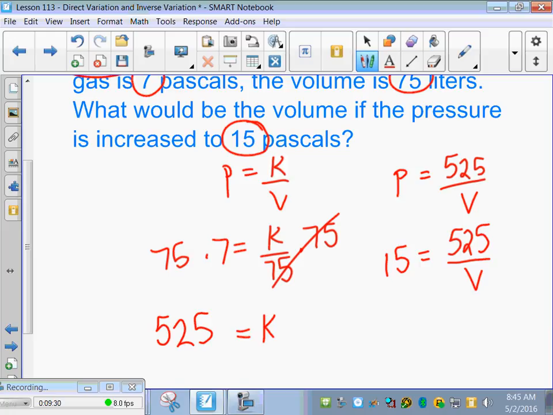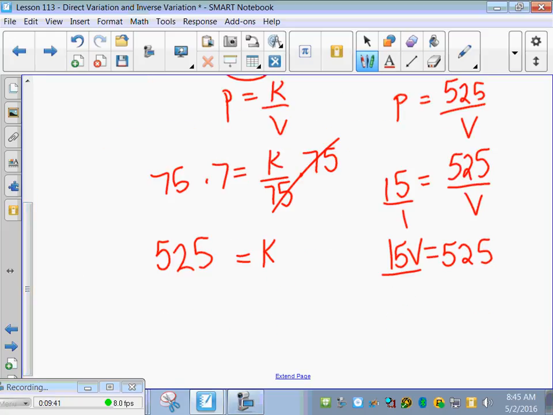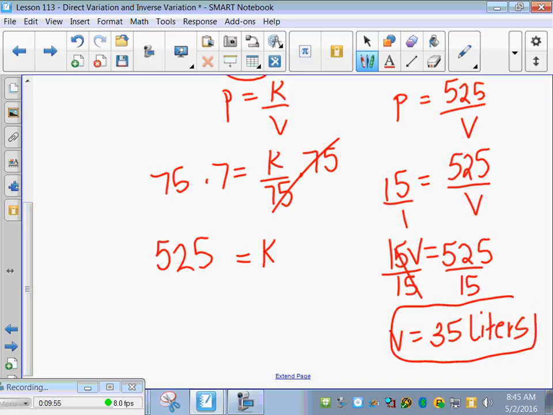And then we've got V in the denominator, so we're going to have to cross multiply to get it out of the denominator. And somebody got me on this one. 525 divided by 15. Isaac. Thanks. 35. And this one was liters, right? I gotta go back up and look. Yep, liters. All right, 35 liters.